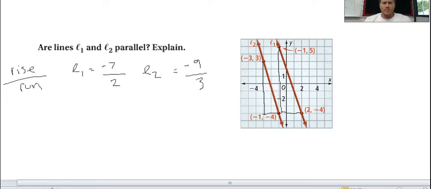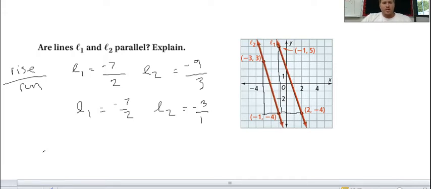So it's best to simplify these if possible. Line 1 right here is still -7 over 2. But line 2 right here we can simplify. 3 can go into both. This would be -3 over 1. Looking at these two, they don't have the same slope, which means that they are not parallel.